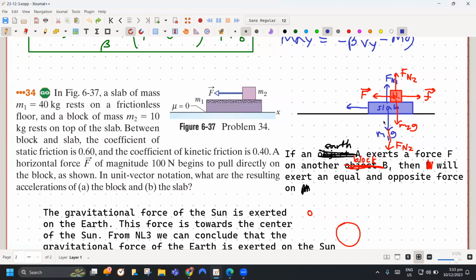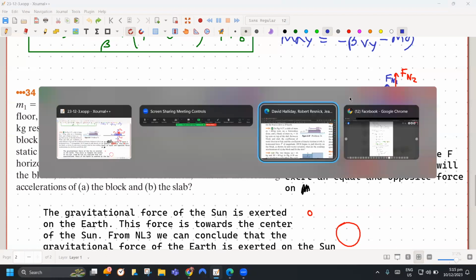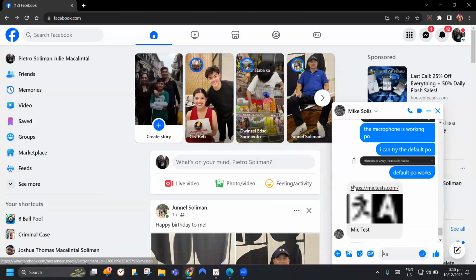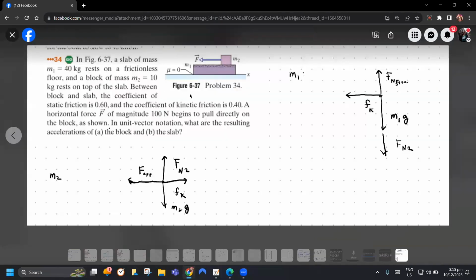So, from there, set up natin yung Newton's second law. So M1 A1 is equal to, and then M2 A2 is equal to what?